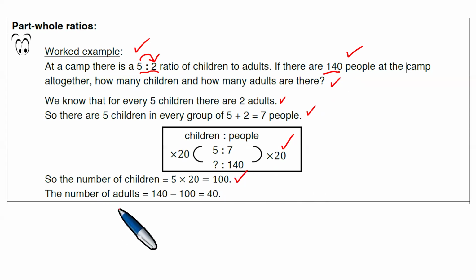The number of adults is 140, the total number of people, minus the number of the children. The total is 140, but the children are 100. So we remove the children from all the people, and we have 140 minus 100. We get 40 adults. We continue.